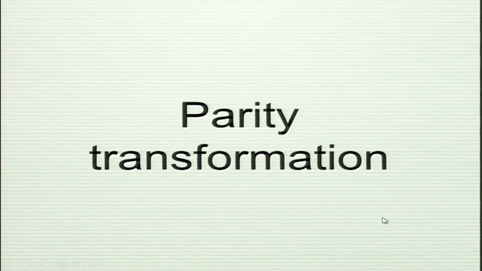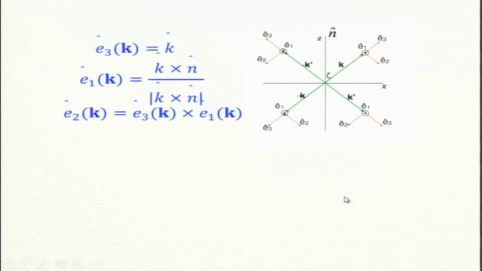Now let us also look at parity transformation. So this part is also tricky. So I am just going to show you the picture. So this is my k vector. So what is parity? Parity is minus k. So you change k to minus k, that is called parity transformation. Okay. So k to minus k. So I think this picture is, well, maybe you can draw it, but just focus on the slide.